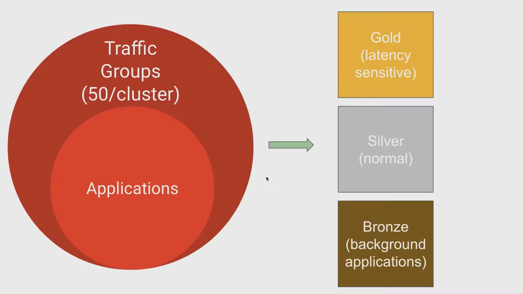Applications are grouped into traffic groups per cluster, and each tenant is responsible for choosing their appropriate traffic group. Then each of these traffic groups is assigned a traffic class, which indicates what its latency requirements are.